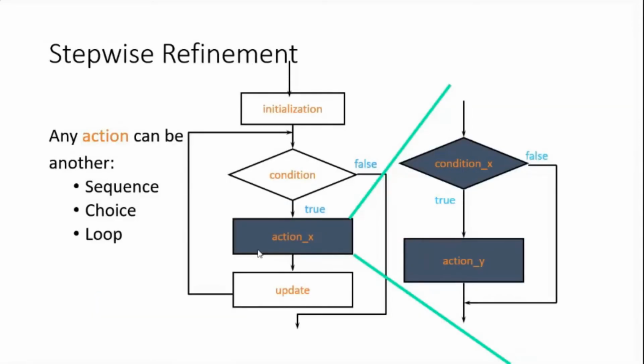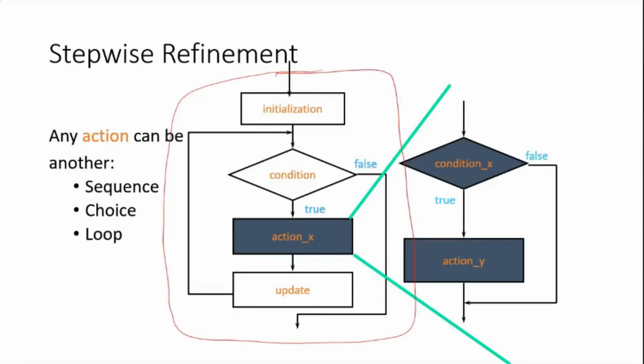So now let's see the stepwise refinement in the case of this structured approach to programming. So this is an action. This entire thing is some action, some specific action is happening in that particular program. And in that, what are the sub actions? Initialization is a sub action. Initialization can be, say, a variable x initialized to 0.